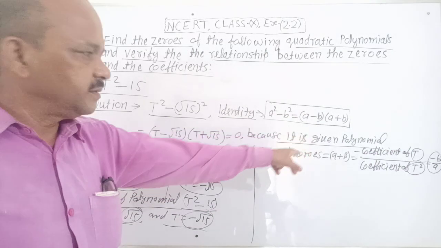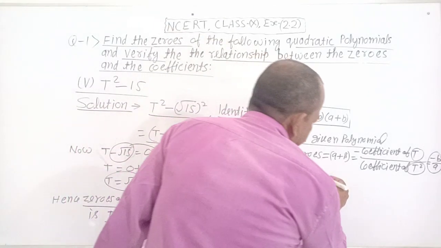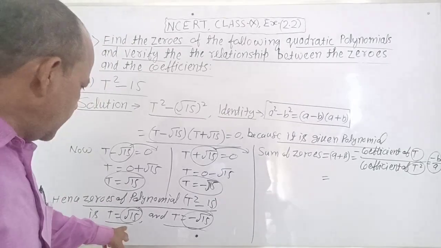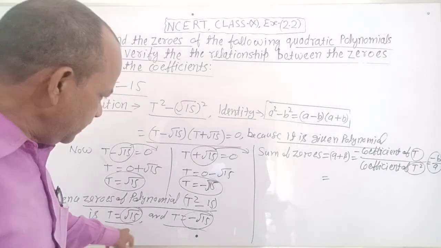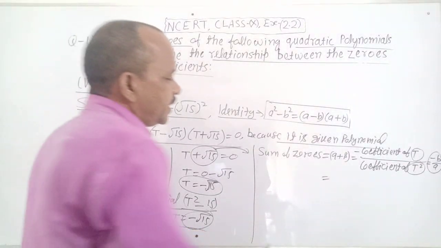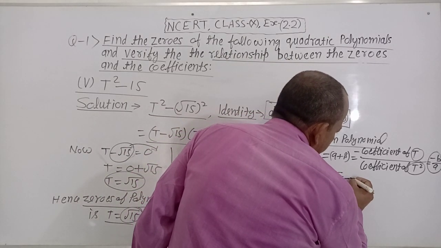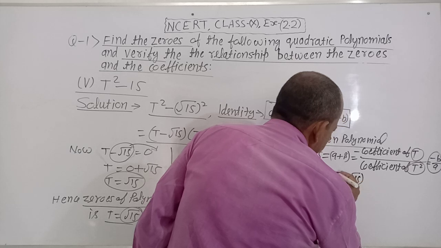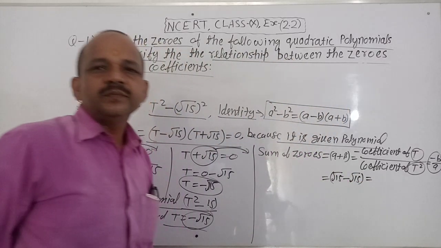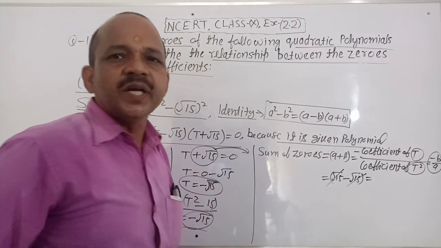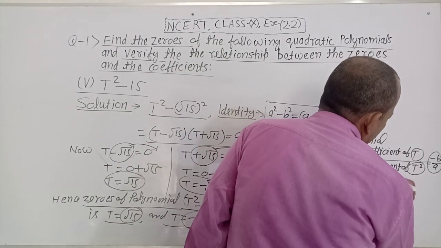It is clear? Here you can write alpha plus beta. Here plus root 15, here minus root 15. It means root 15 minus root 15 equal to, you can cut it, it becomes 0. Answer.